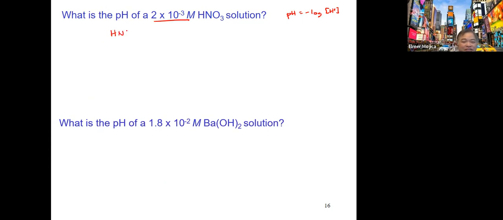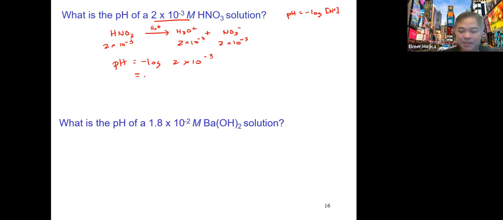So if you have this, they will form what? In water, they will form H3O plus and NO3 minus. So if you have that, that is also the amount that you're going to form. And all you need to do is what? pH equals to negative log 2 times 10 to the negative 3. And that is equals to what?